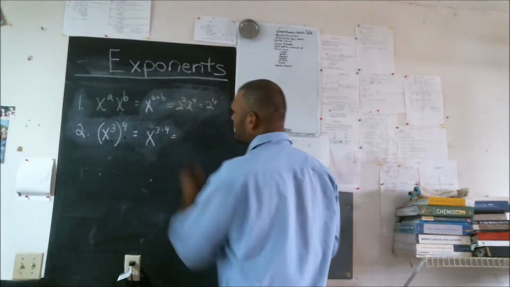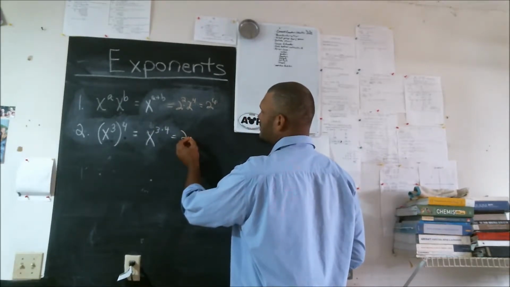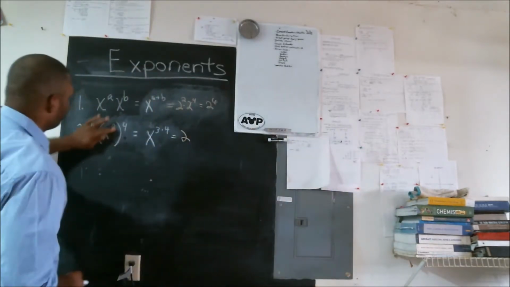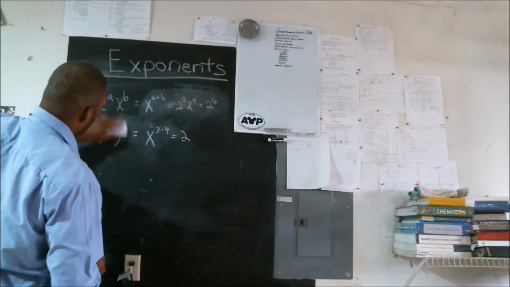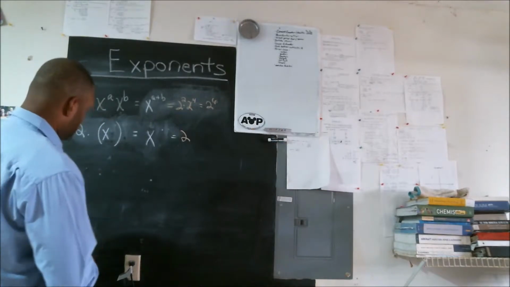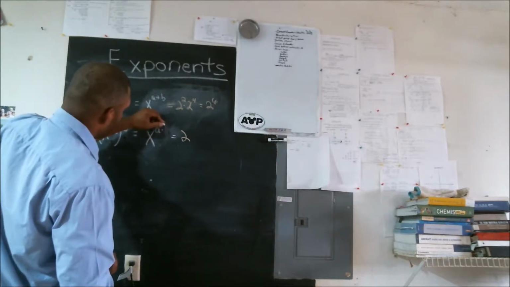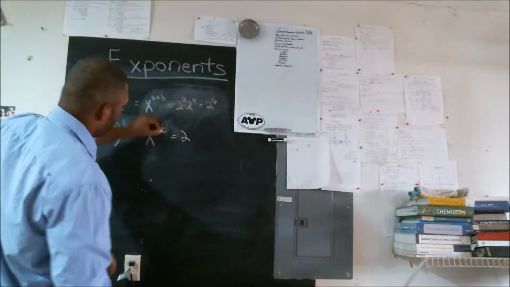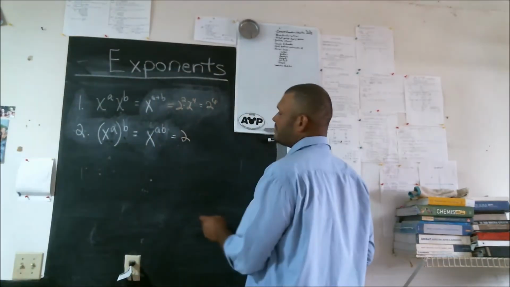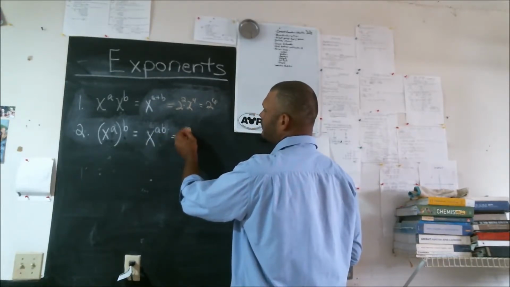So what that's going to look like is, this should be an A and a B. Let's put x to the A, x to the B, and it's going to equal x to the A times B. If we substitute, A will be 2 and B will be 4.